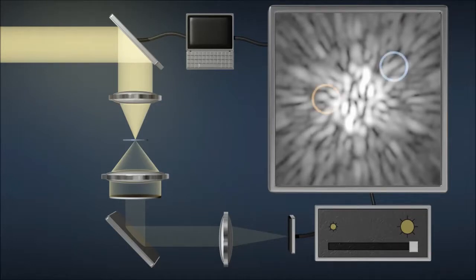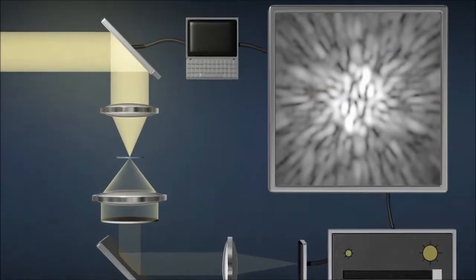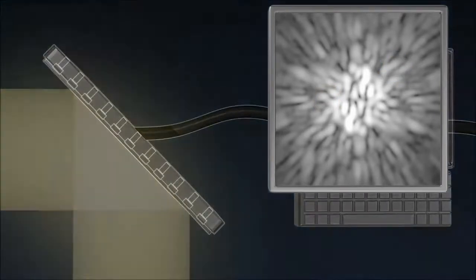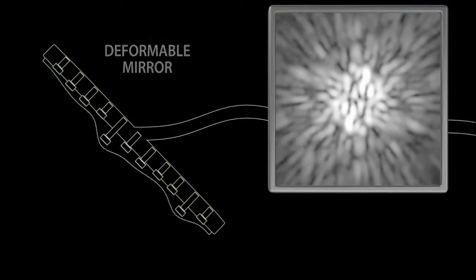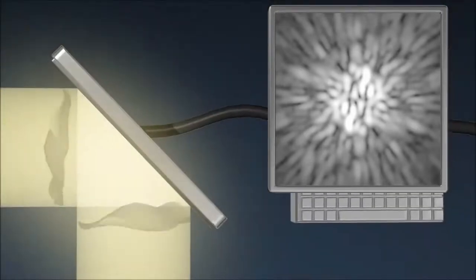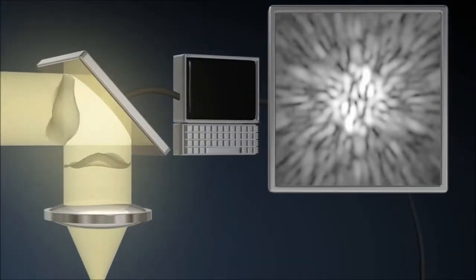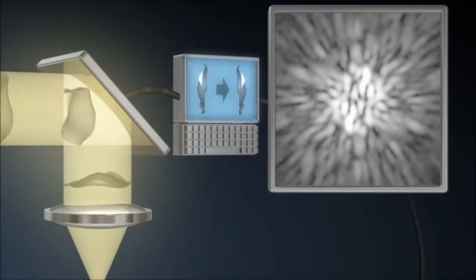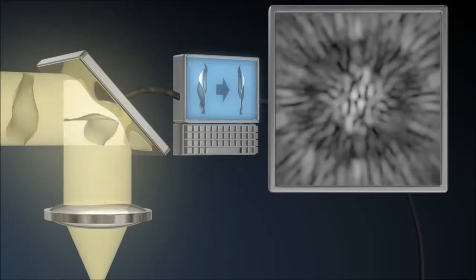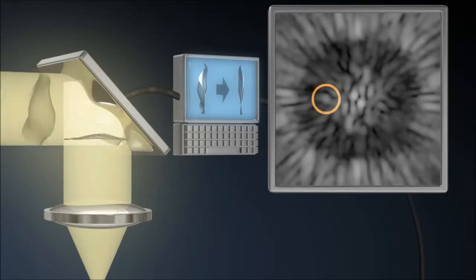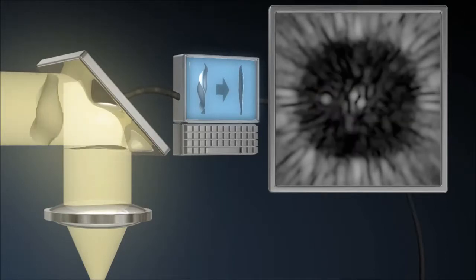So this takes us to the third and last element of the coronagraph, the removal of these scattered blobs. A special mirror is used with hundreds of tiny pistons behind it that can change its shape so as to correct the distortions in the light beam. As the mirror deforms, the blobs of light, as seen on the monitor, slowly begin disappearing, finally revealing the brighter of the two planets. Afterwards, the fainter planet also comes into view.